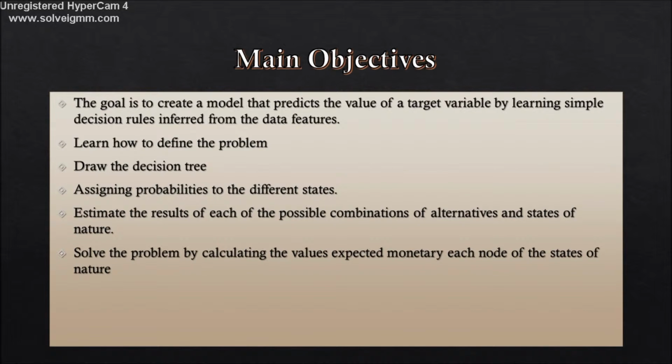Draw the decision tree, assigning probabilities to the different states. Estimate the results of each of the possible combinations of alternatives and states of nature. Solve the problem by calculating the expected monetary values of each node of the state of nature.